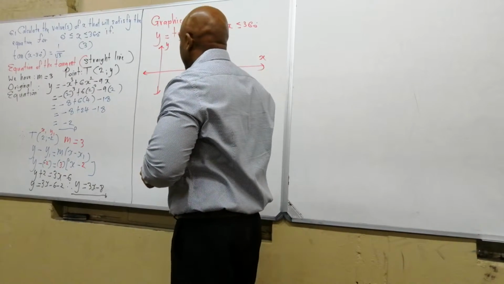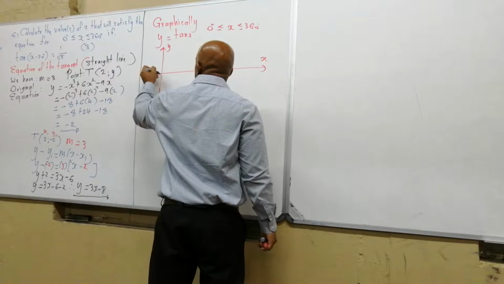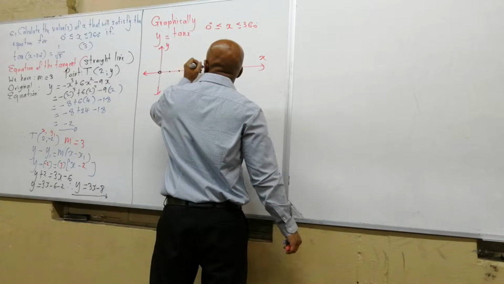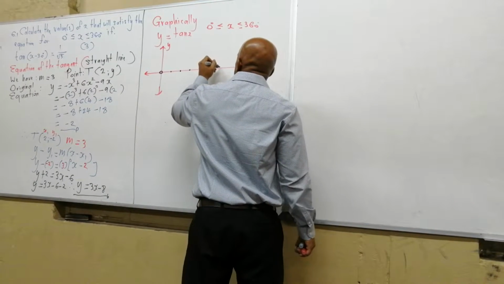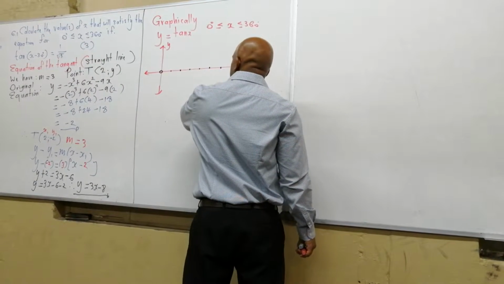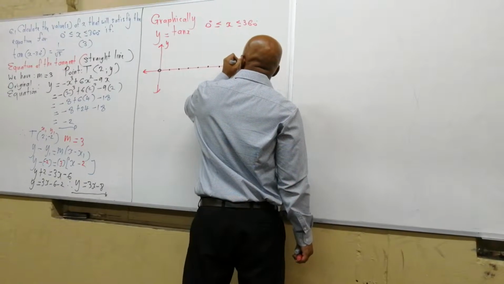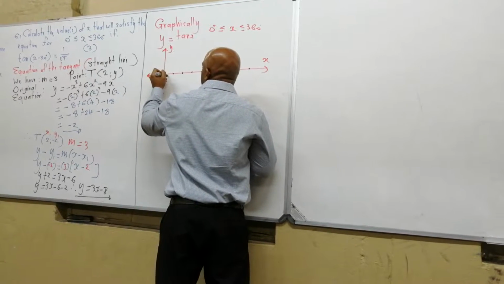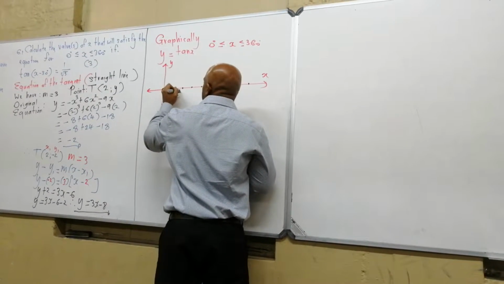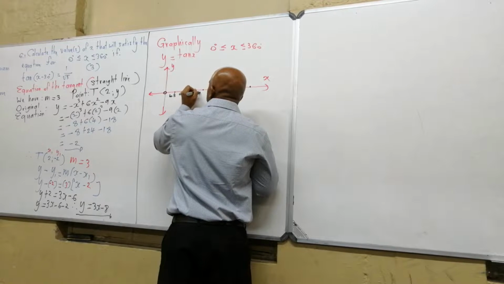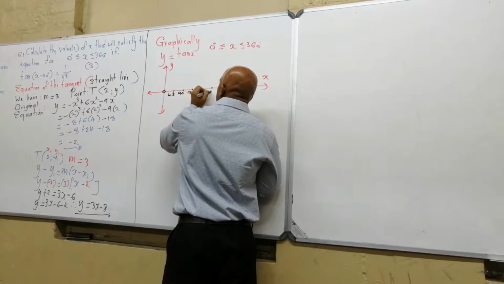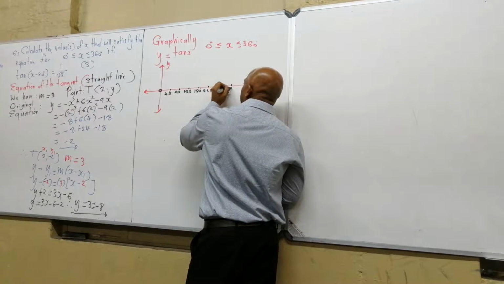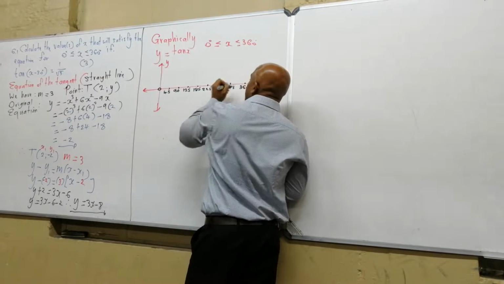So your normal tan graph, we have 0, 45, 90, 135, 180, 225, 270, 315, and then 360 degrees. Okay, so this one here is 45 degrees, 90, 135, 180, 225, 270, 315, 360 degrees.